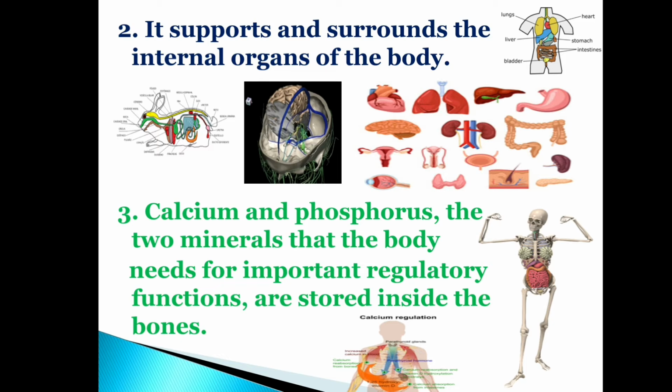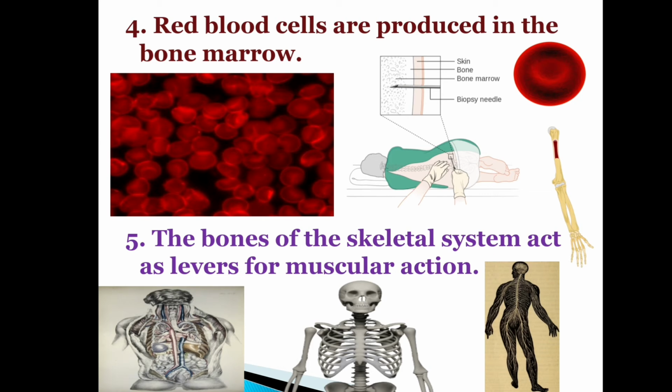Calcium and phosphorus, the two minerals that the body needs for important regulatory functions, are stored inside the bones. Red blood cells are produced in the bone marrow. The bones of the skeletal system act as levers for muscular action.